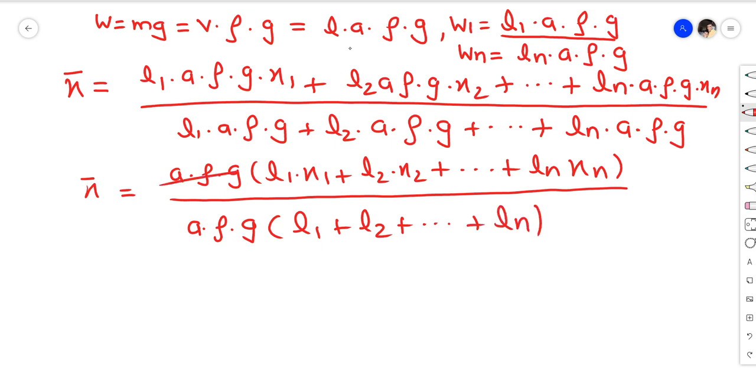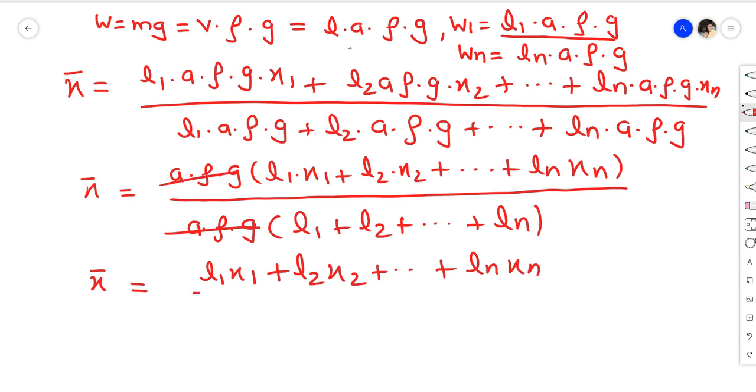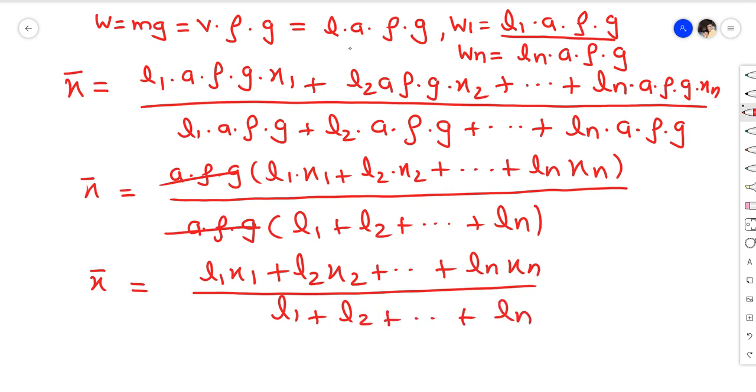So we can cancel these two terms. So we can write x bar is equal to L1 x1 plus L2 x2 up to Ln xn by L1 plus L2 up to Ln.